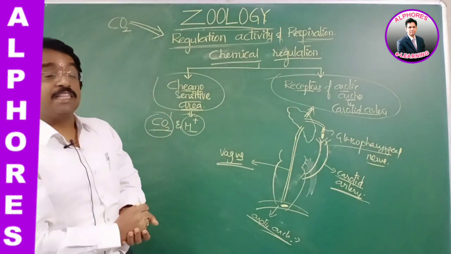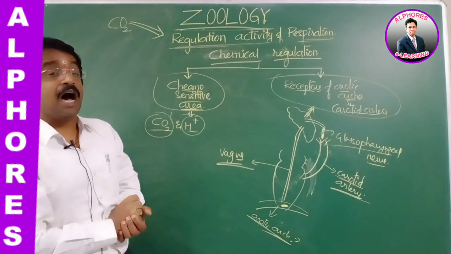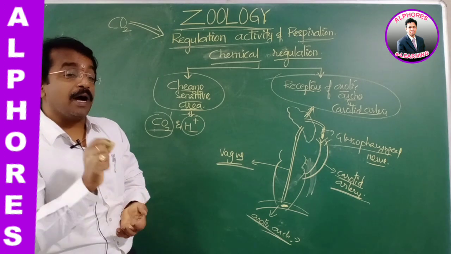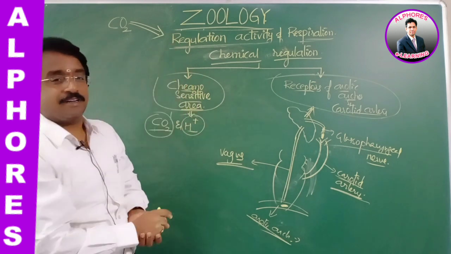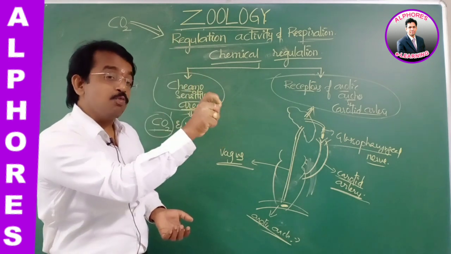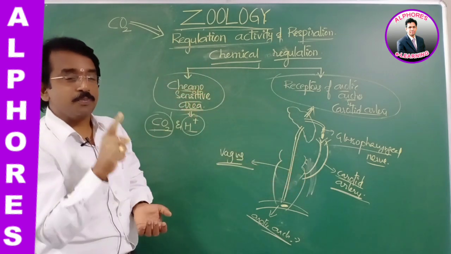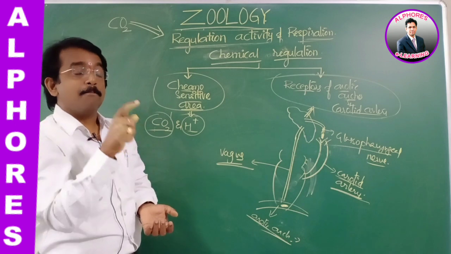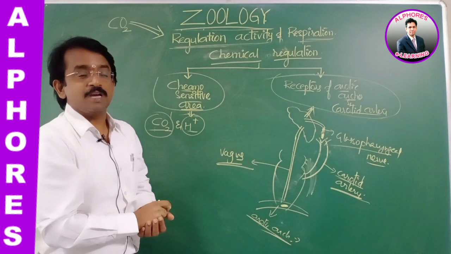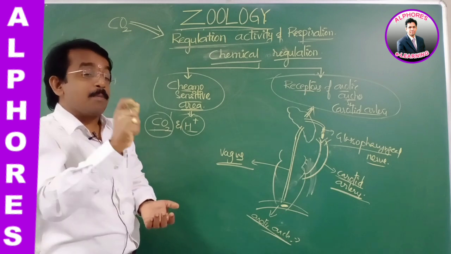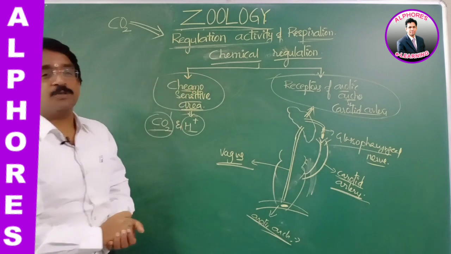Haldane effect is the effect of O2 on CO2 and H plus unloading, which means by the Haldane effect CO2 is transported outside. Bohr effect promotes the delivery of oxygen to the tissues. Haldane effect promotes sending out carbon dioxide to the outside.